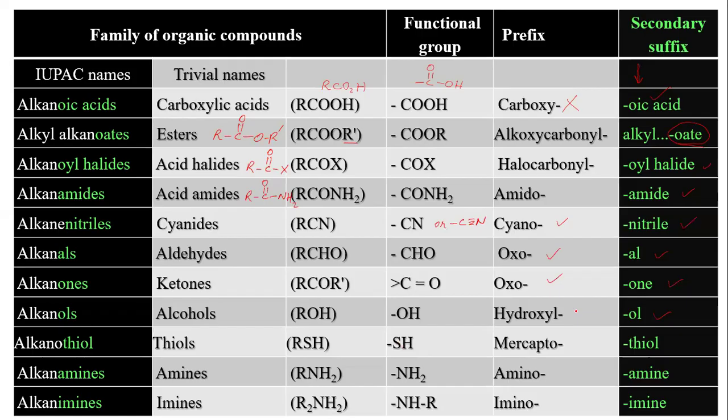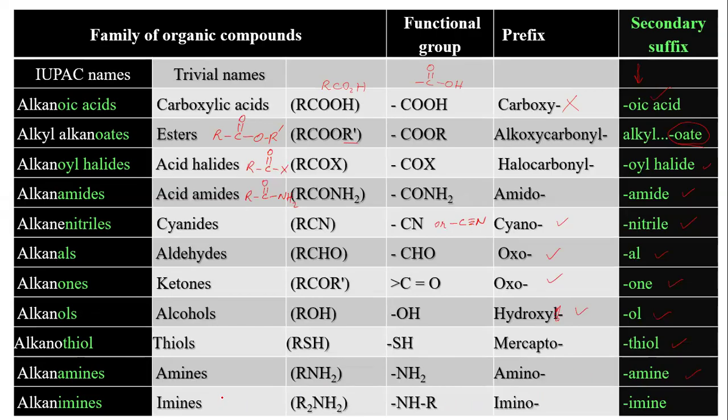SH: better not to use hydroxyl, we use hydroxy only. And SH is the mercaptan. So mercapto is the prefix, while the suffix is thiol. NH2 is amino. Its suffix is amine, while the prefix is amino. We also use this.